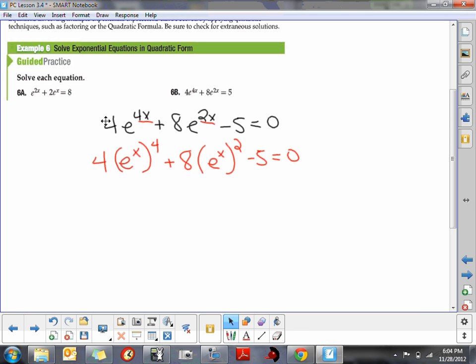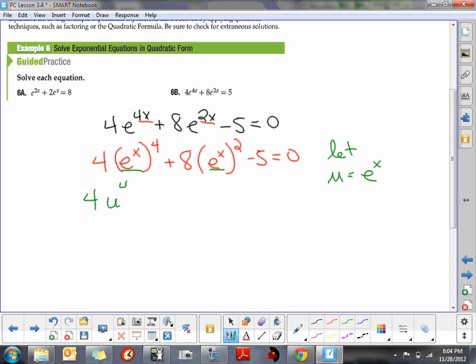And then we're going to use this substitution to help us with recognizing that this is really an exponential form. So u is going to equal e to the x. So I'm going to replace all these e to the x's with u. So it's really going to be 4 times u to the 4th plus 8 times u squared minus 5 equals 0.